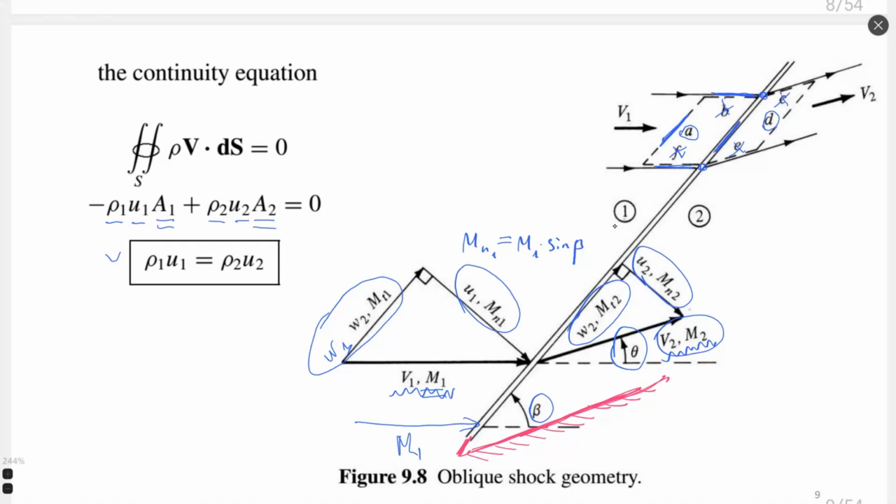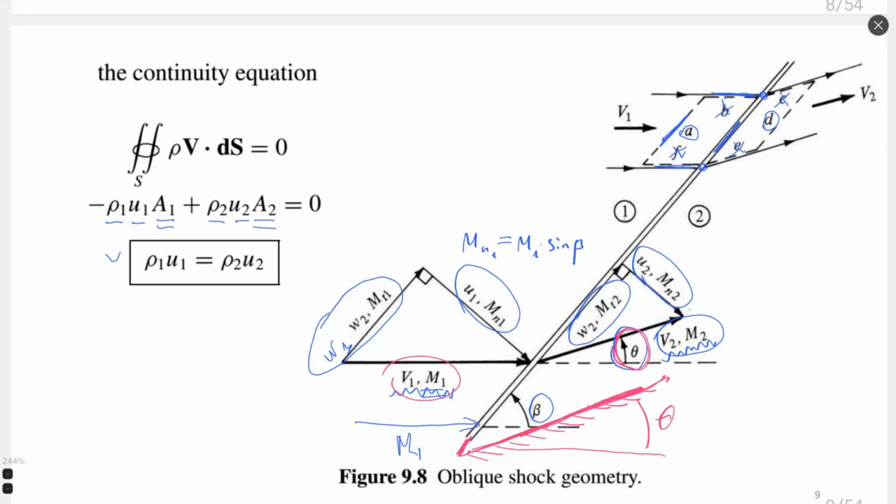What is good in all this story is that this inclination of flow after the shock wave always corresponds to the geometry. So the geometry body theta, which is defined as the angle between the previous Mach number before the shock wave and the direction of the body after the shock wave, is the same as theta for the velocity change.